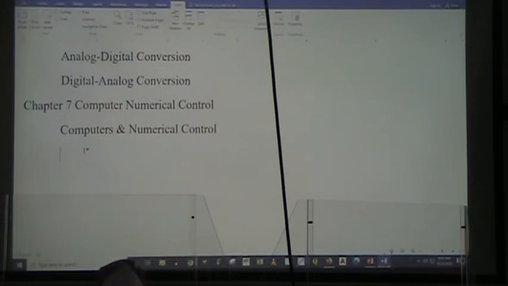What are applications of numerical control?